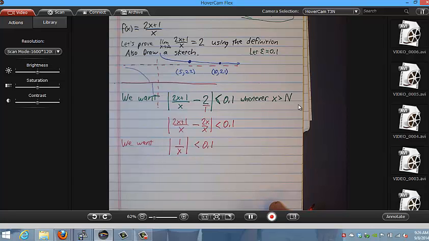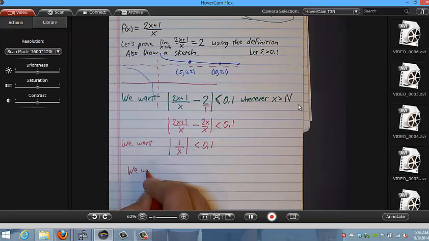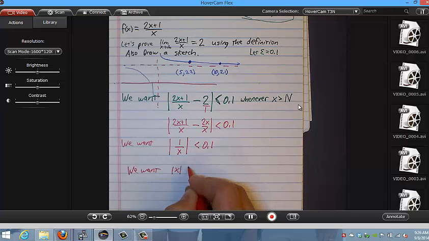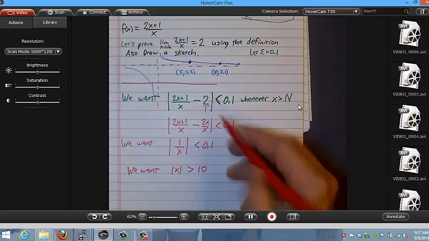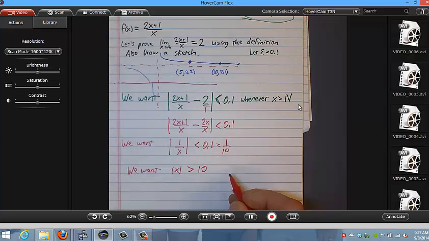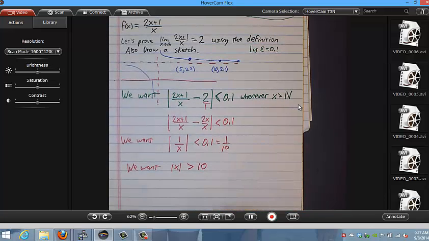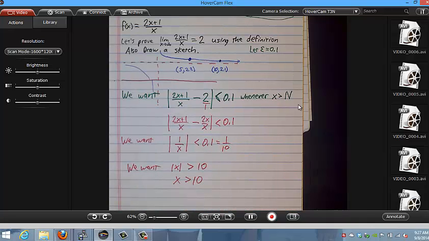Are you guys with me? How do you write 0.1 as a fraction, by the way? 1/10. Well, what do you do next? I claim that what we want is we want absolute value of x to be bigger than 10. Now, how did I get that? Well, a couple ways. Like I said, this is 1/10, right? So what we want really is we want x to be bigger than 10.